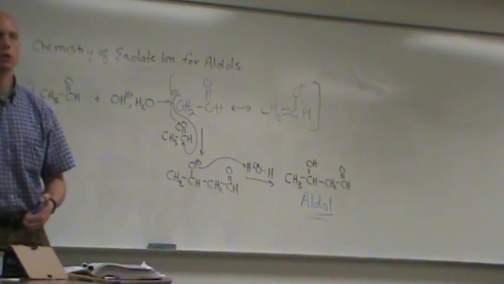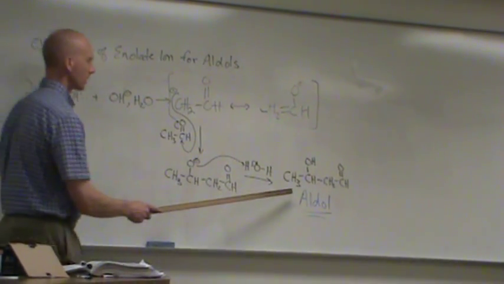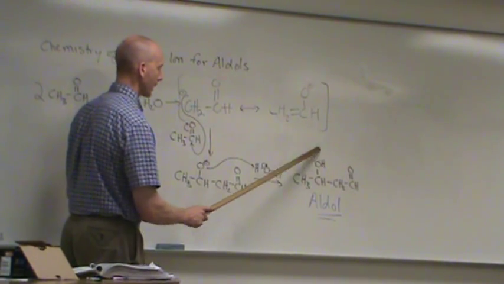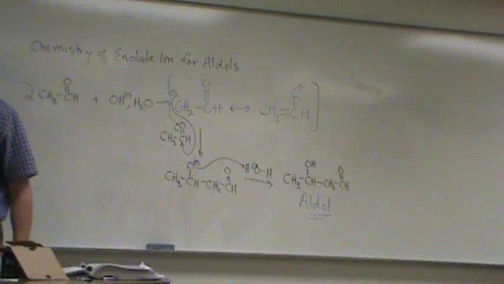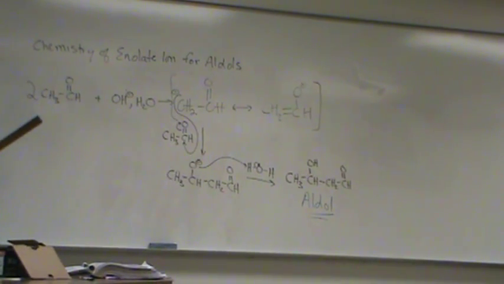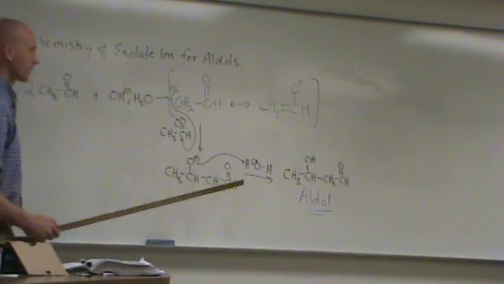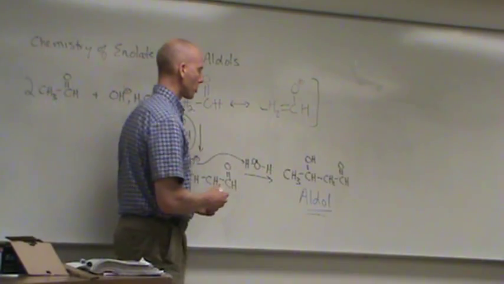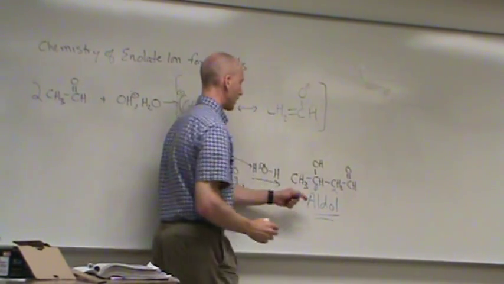Why do you think that's called an aldol? Yeah, you've got an aldehyde and you've got an alcohol, so we blend them for the aldol. Basically, aldols are simply the OH on the beta carbon.